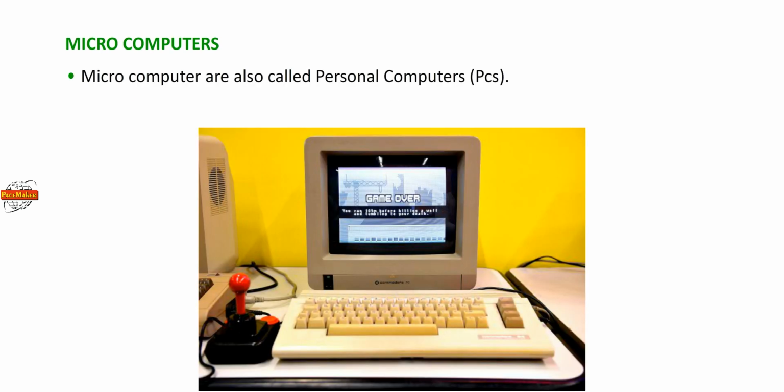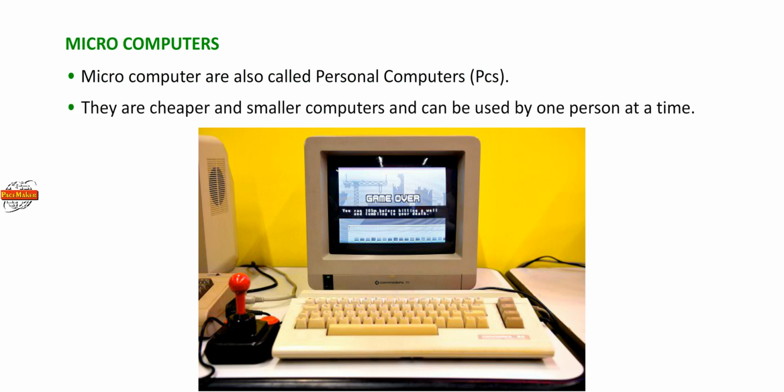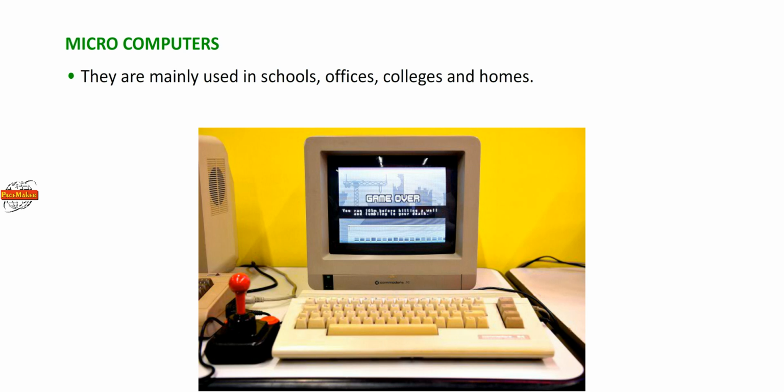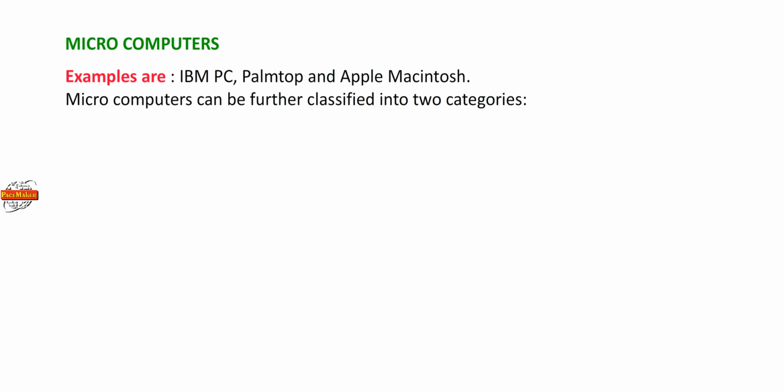Microcomputers. Microcomputers are also called personal computers or PCs. They are cheaper and smaller computers and can be used by one person at a time. They are mainly used in schools, offices, colleges, and homes. Examples are IBM PC, Palm Top, and Apple Macintosh.